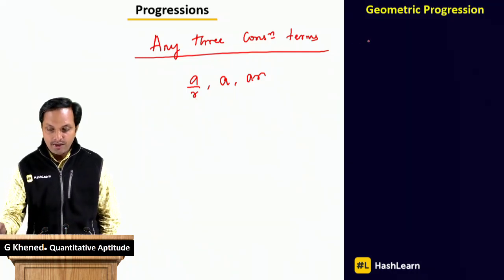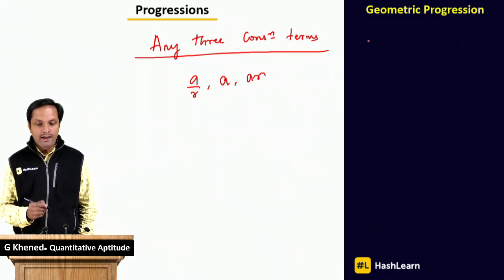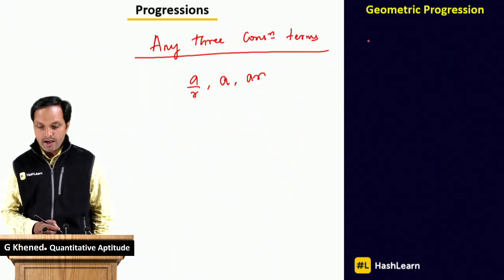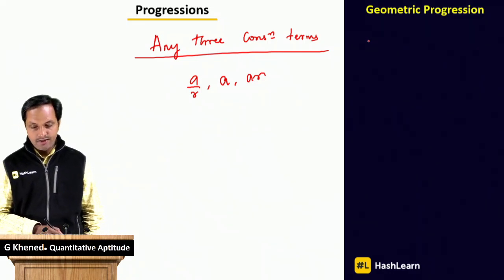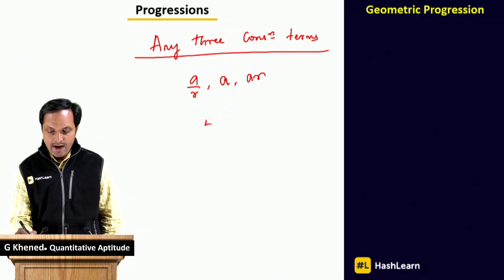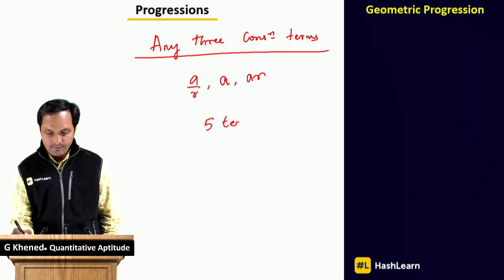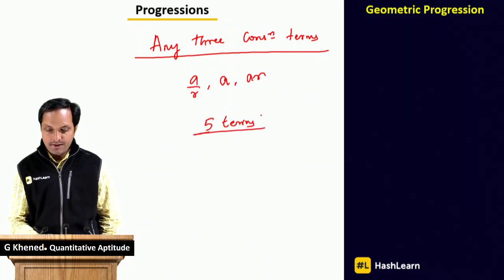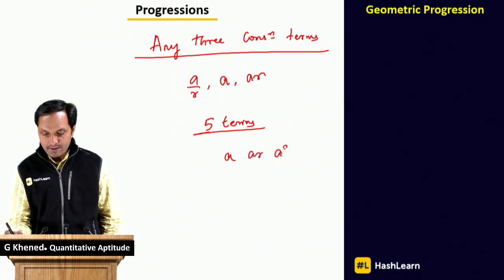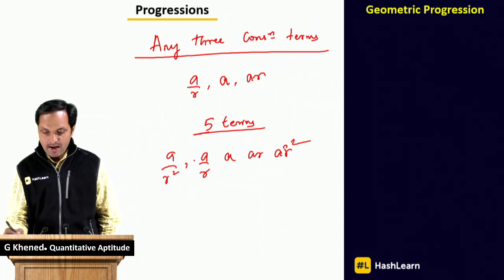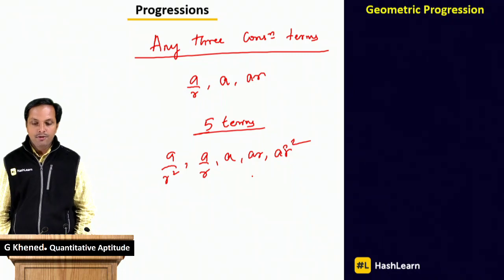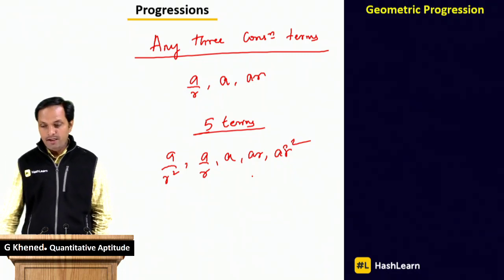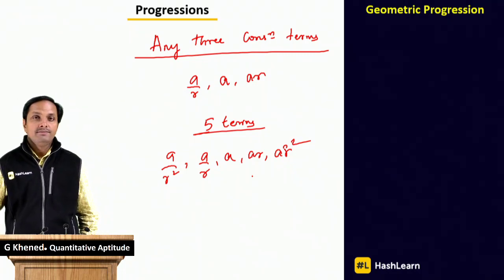So when they ask you three consecutive terms of a GP, take them as a/r, a, ar. Suppose they ask you 5 terms, then the same, ar square, then a by r, and the preceding is a by r square. These are the 5 terms you take when they ask you 5 consecutive terms in a geometric progression.